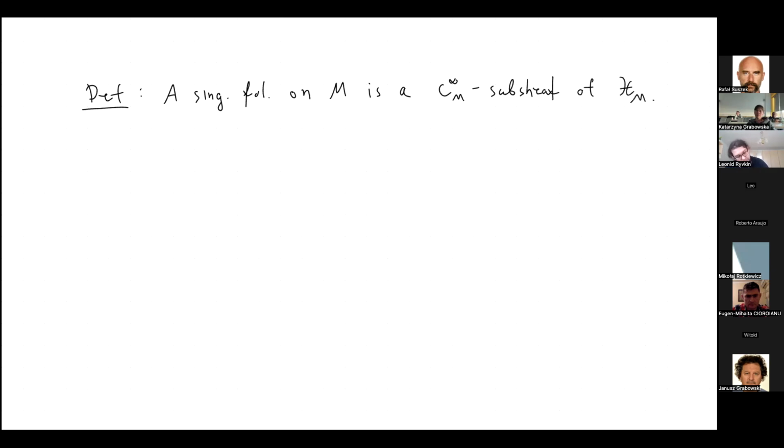Okay, so definition. A singular foliation on M is a C infinity M subsheaf of vector fields on M, which is of finite type, which means that it's locally finitely generated, and involutive.